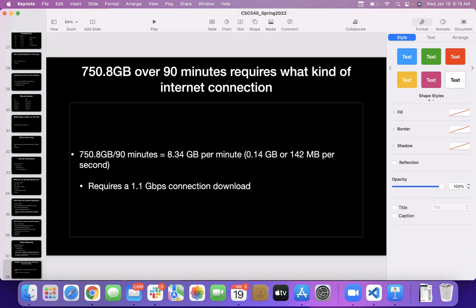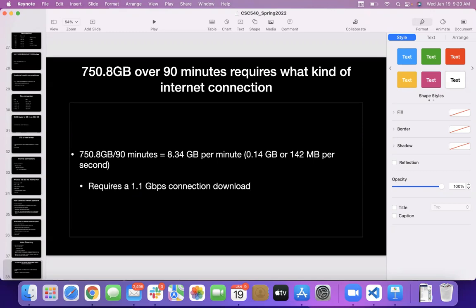Okay, so super fast internet. Now, what's interesting here is that we have almost gotten to the point where the highest-end consumer internet could actually stream, in raw format, a 1080p 90-minute movie.